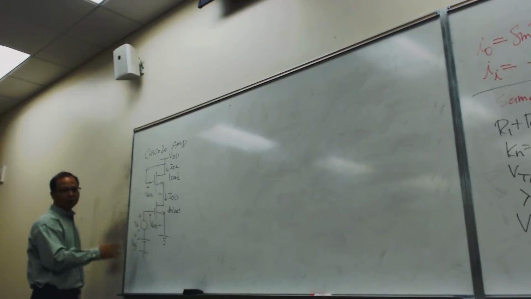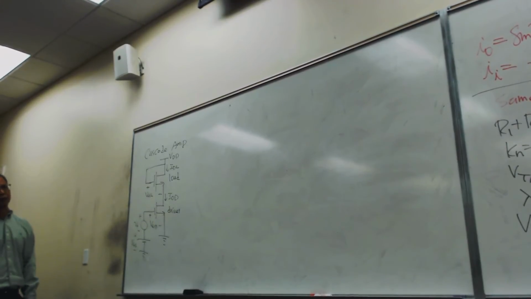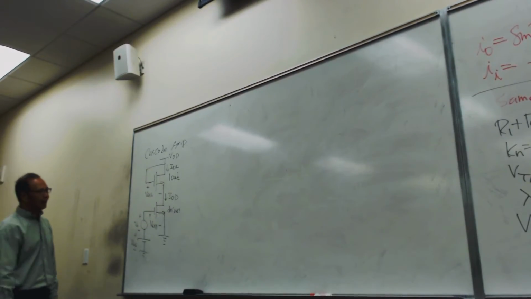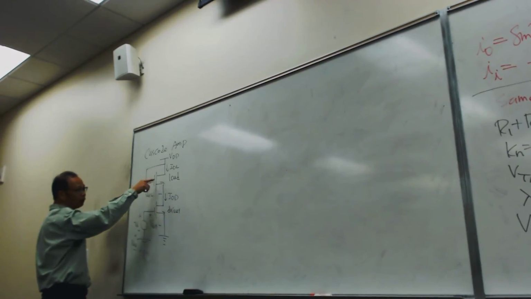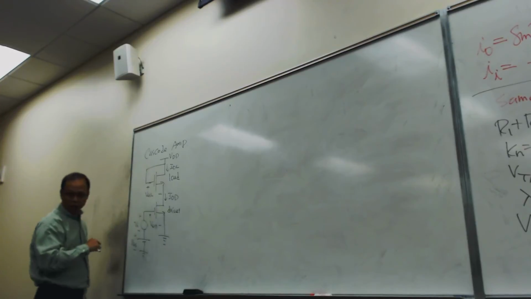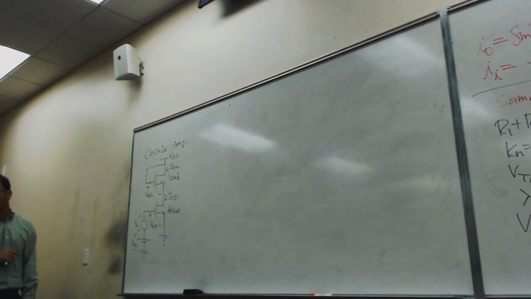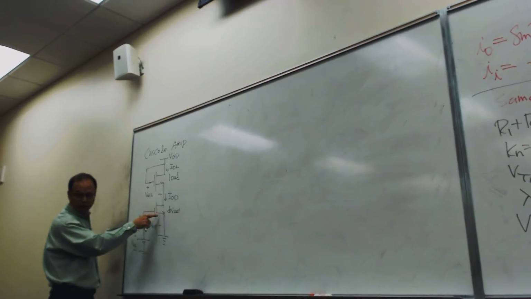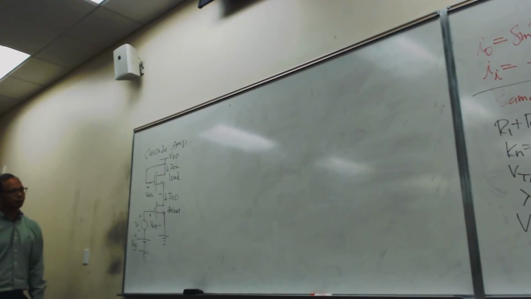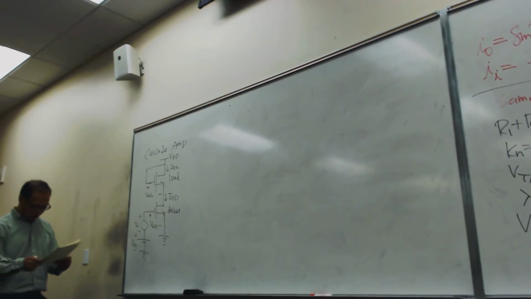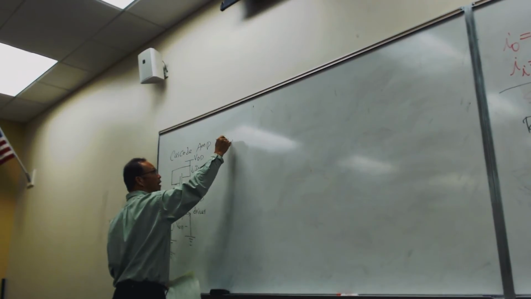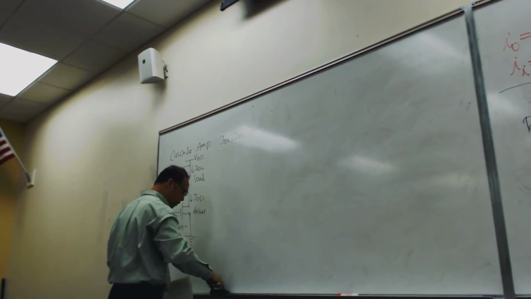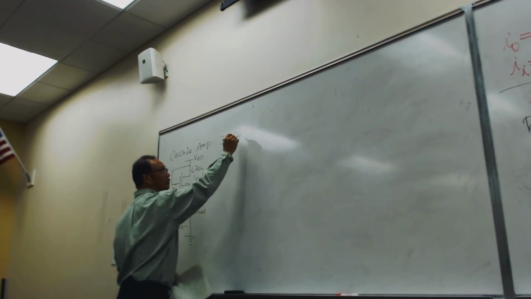This is a very commonly used circuit, which has a load, right? For the load, the gate is always connected to the drain, and then you have a driver, okay? Okay, so here, let's try to find out what IDL and IDD are.